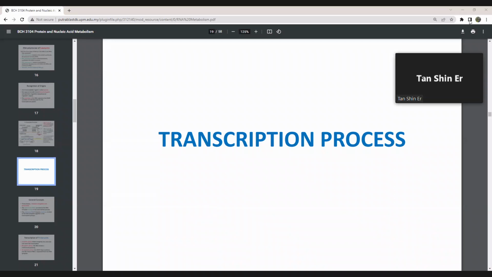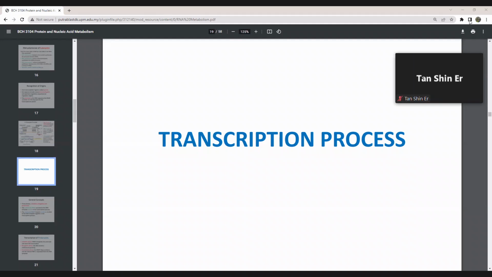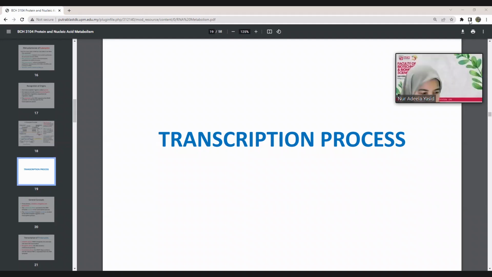It's the DNA sequence that RNA polymerase can bind, and it is used to control the transcription. Okay, you have the point.